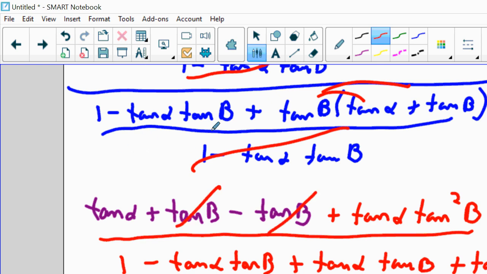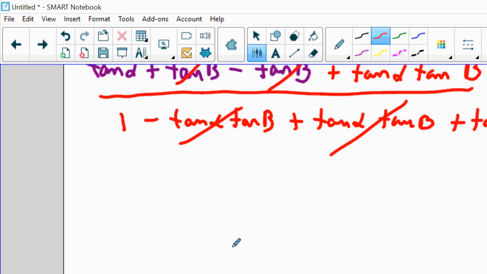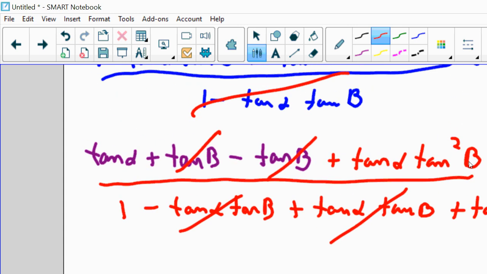These go away. These go away. And you've got a tangent alpha and a tangent alpha. So let's factor out a tangent alpha. There's no visible 1 there. 1 minus 1 plus tangent squared beta.